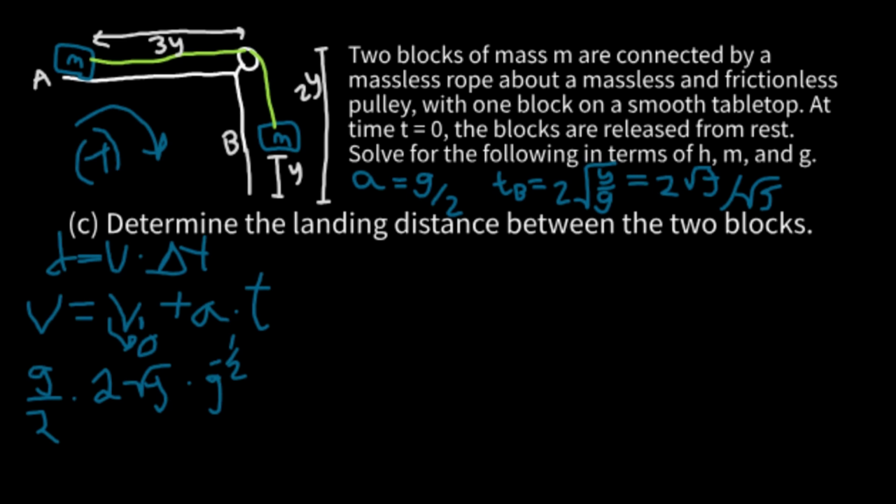Alright, so these 2's will cancel, and this is g to the 1 plus g to the negative 1/2, which is just equal to square root of y times the square root of g, because it's just g to the 1/2, if you remember your exponent properties, and that will just be the square root of y times g.